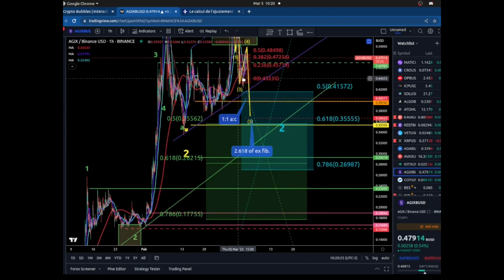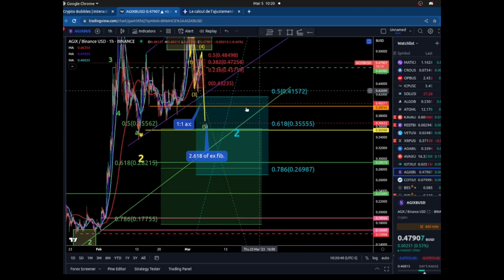So I would say if we fail this level and this 1-to-1 ratio of the Fibonacci of the wave A and the wave C, if we fail these levels, chances are that we're going to go down, and then we're going to get these two levels, which are the 0.5 for the whole movement, or just the 0.618 for the smaller movement.